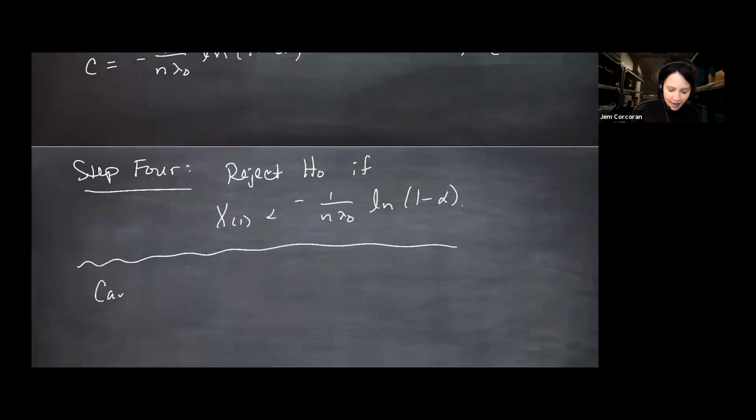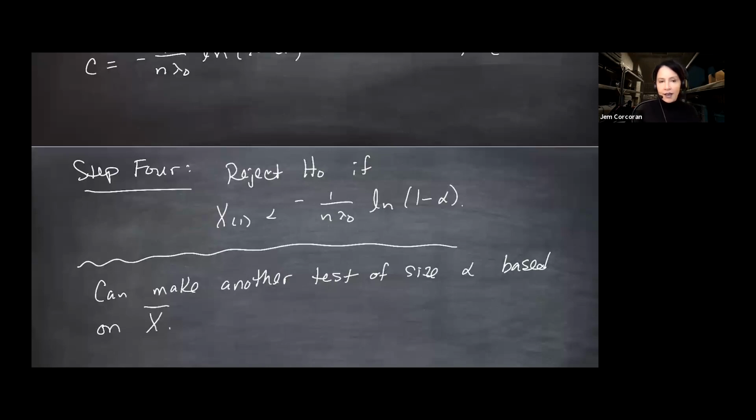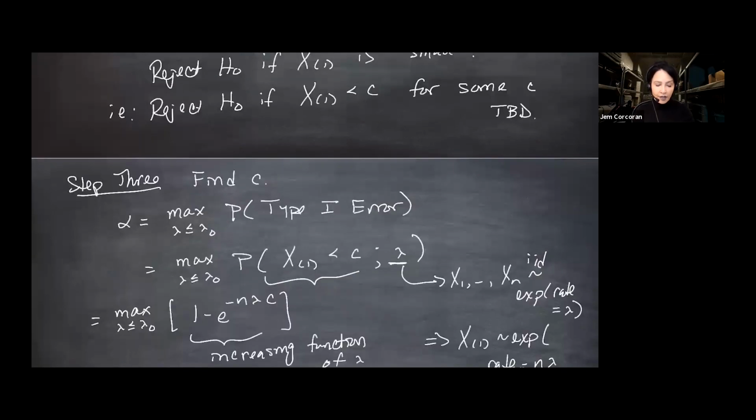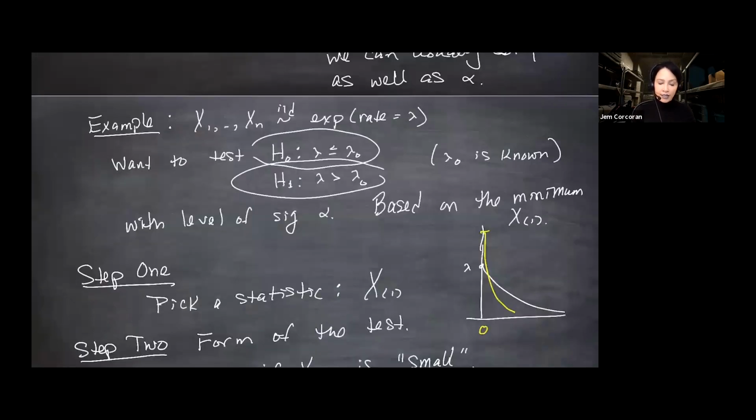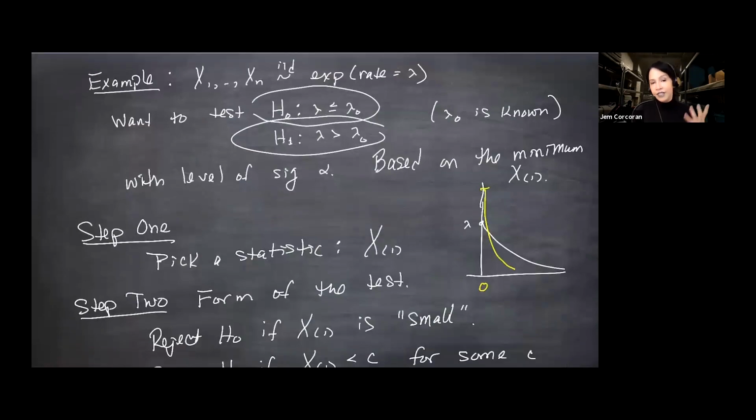So we can make another test for this exponential case of size alpha based on the sample mean. And it would start off the same way because we want to reject the null hypothesis when the alternative seems true. And the alternate hypothesis is saying lambda is large. And large lambdas give you smaller values coming out of this distribution.